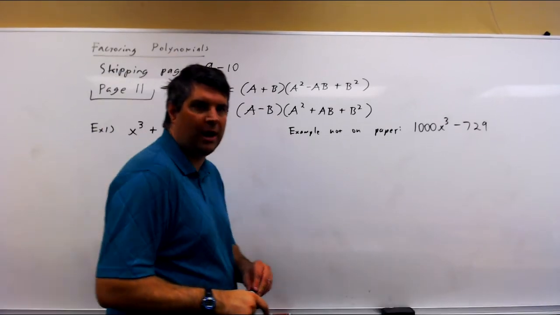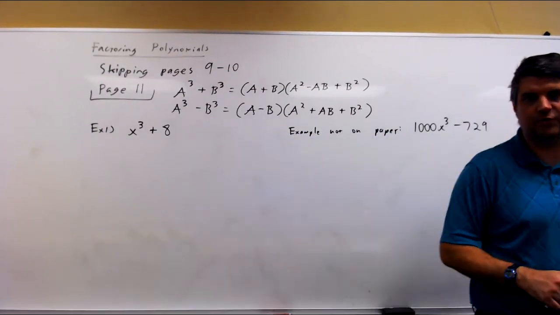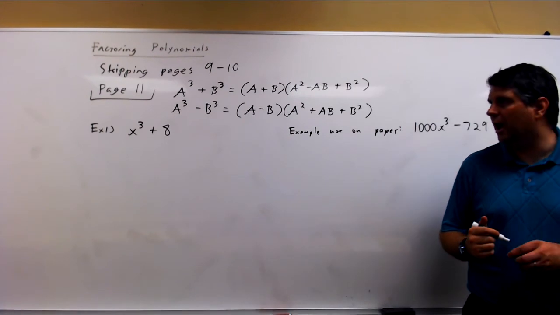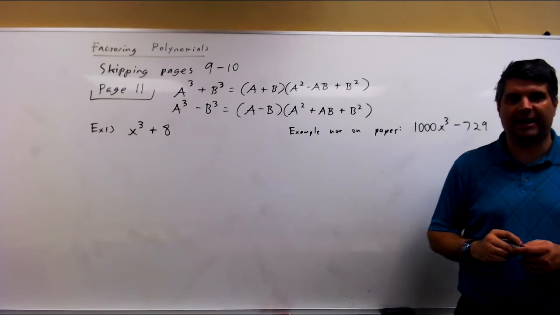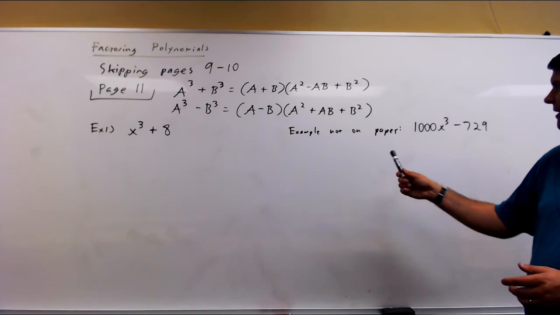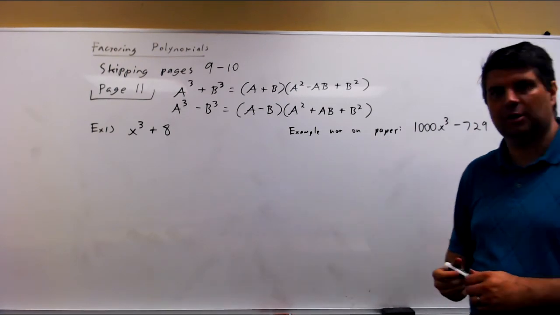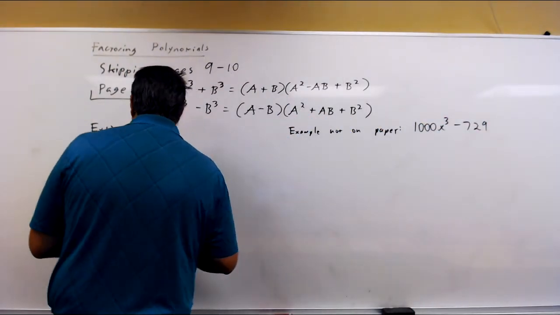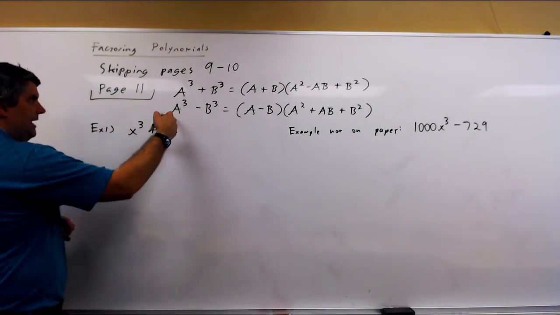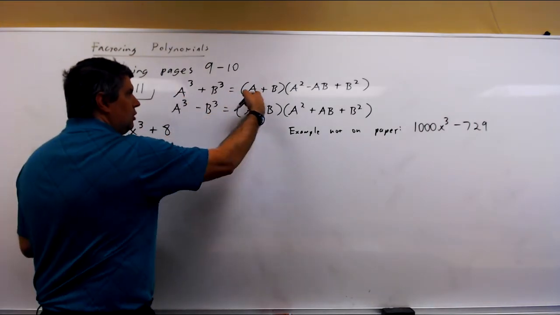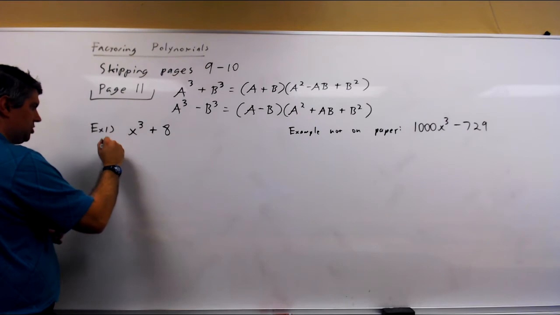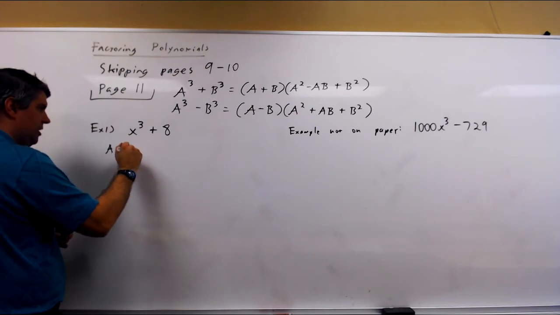All right, at this point, I'm going to talk about sums and differences of cubes. I'm going to do example 1 exactly like I have it on the paper. I'm going to replace example 2 with this. These a's and b's represent your cube roots. So a would be the cube root of x cubed.